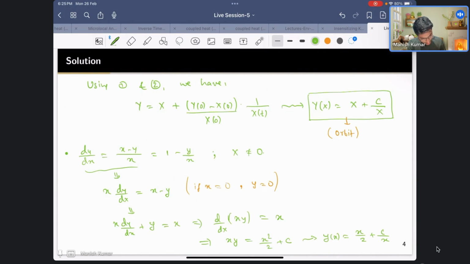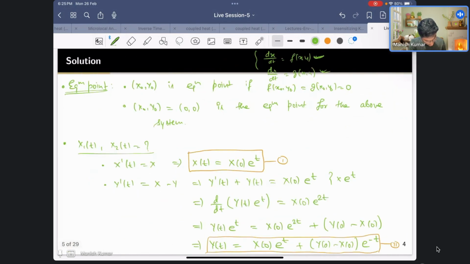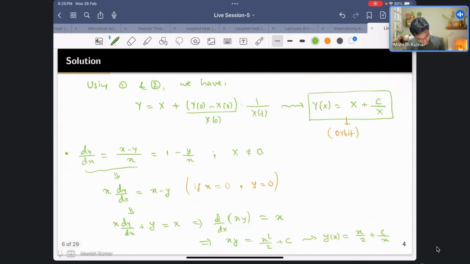Okay, I think there is some calculation mistake here. If I integrate with respect to t, I'll get 2 here, so it will be 2 upon 2, and so here I'll get x by 2.